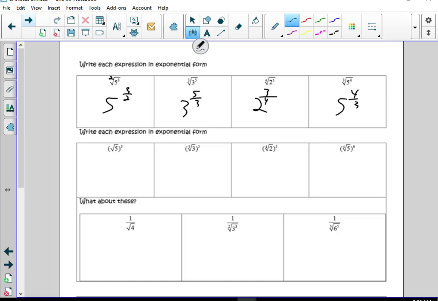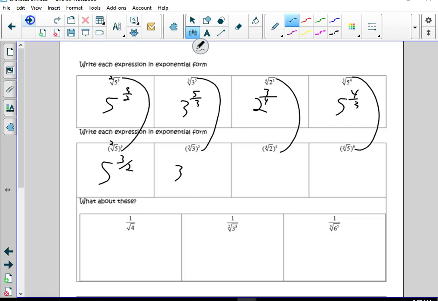Now remember, this is just the other way of writing the same thing. So, notice, these are exactly the same. So the answers are going to be exactly the same. Because this and this are the same thing, just written differently. Same thing, same thing, same thing. Right, and we just don't have the 2 here. It's just how we write the parentheses. They're the same thing. So this is going to be 5 to the 3/2.